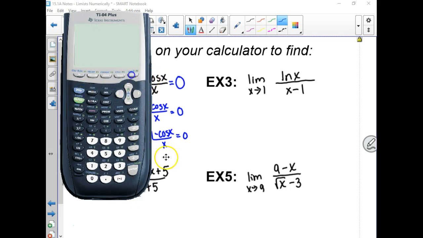We'll go to our table, and I'm going to delete everything out. If you type in 1, you're going to get an error. Now, if you ever type in that number and it gives you a number, then that's the limit. But they usually give you the one where there's an error, because then you have to figure out what it approaches.